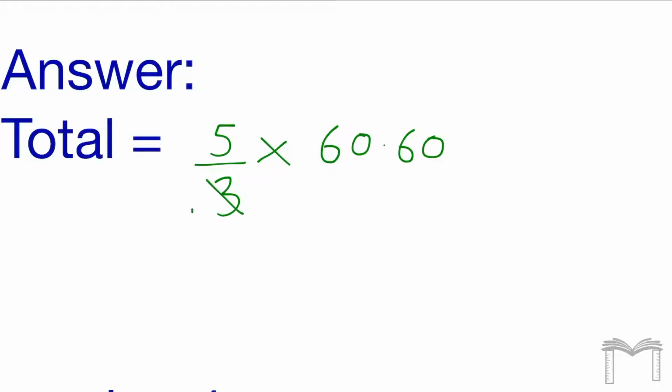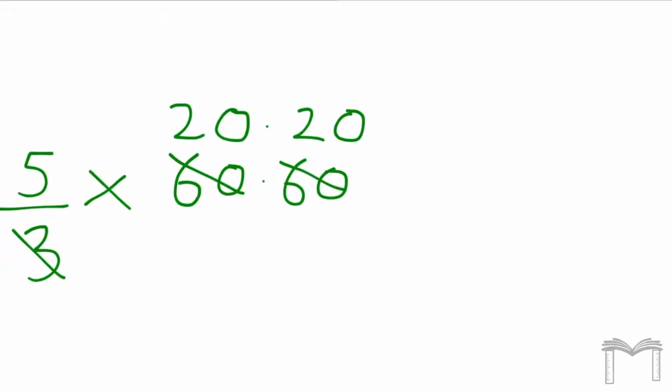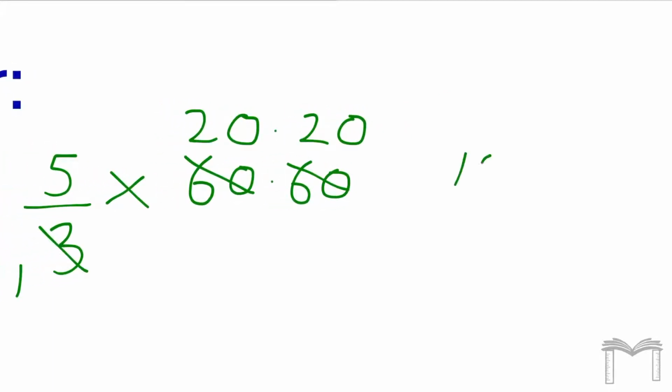So 3 into 3 is 1. 3 into 6 is 2, put back the 0, so that's 20. And 3 into 60 is also 20. Okay, so 5 times $20.20. 5 times 20 will be $100. And 5 times 20 cents will give you $1. So that's $101.